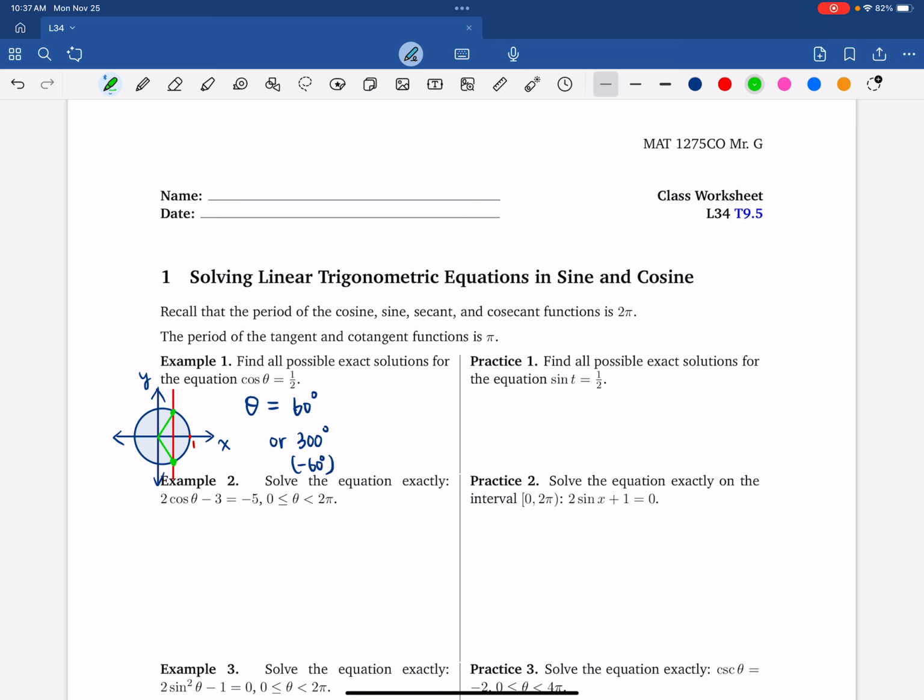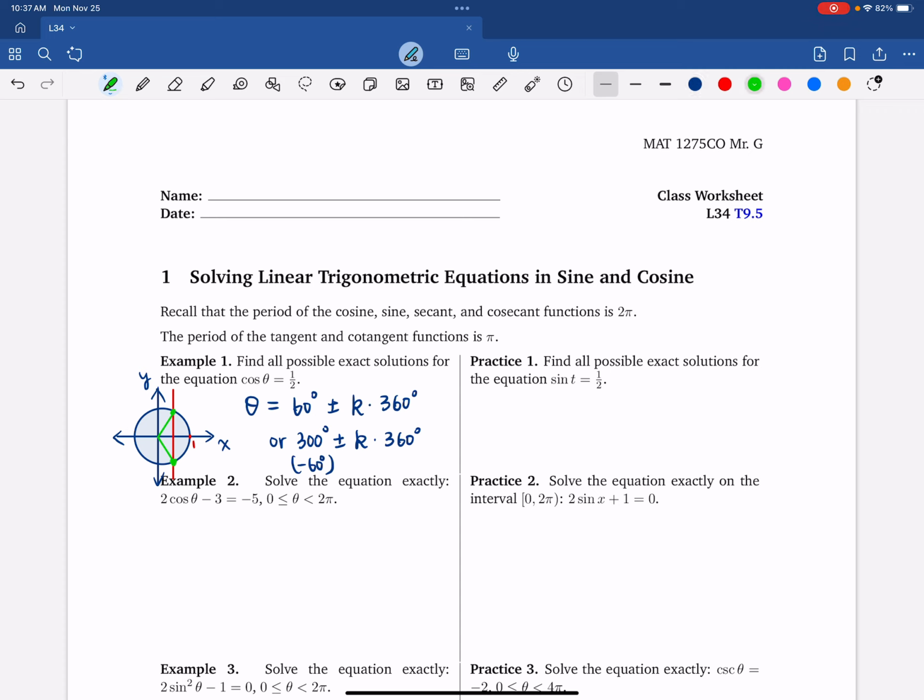How do you include all of them? You have to include all the angles that are coterminal with these 2. And the recommendation is we're going to do plus minus k times 360 at the end. Same thing with the other solution, plus minus k times 360.